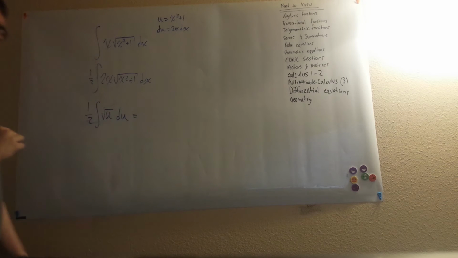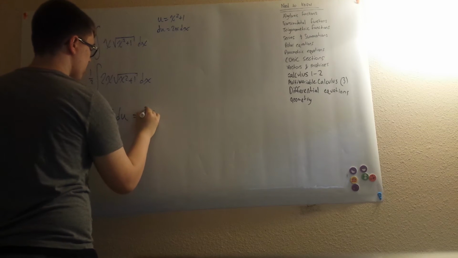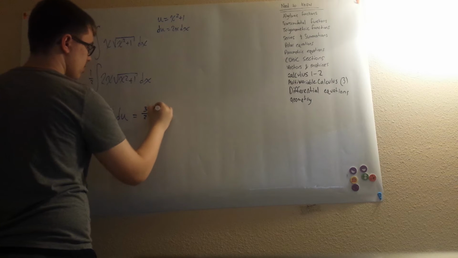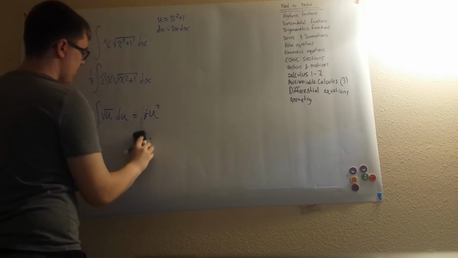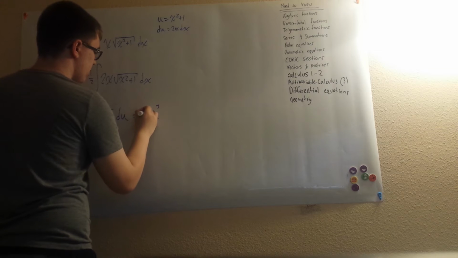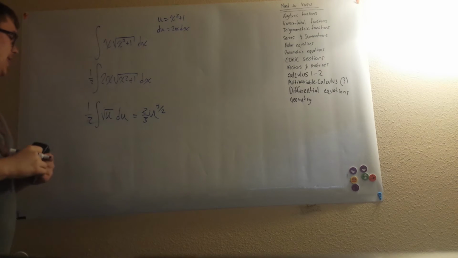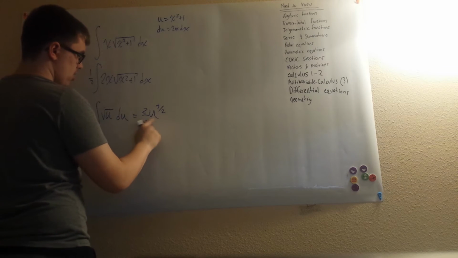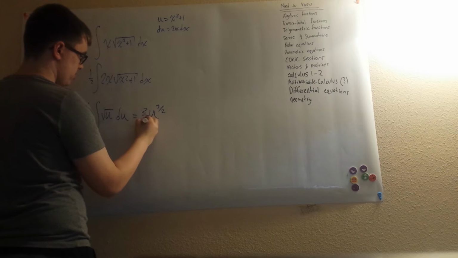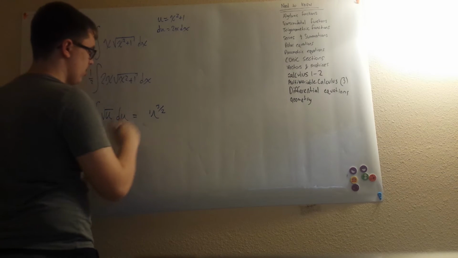Okay, what's the integral of that? Well, it's u to the 3 halves. Sorry, got that one wrong. It's 2/3 u to the 3 halves. Oh, we're multiplying by 1/2. So that changes the 2/6 into a 1/3, right?